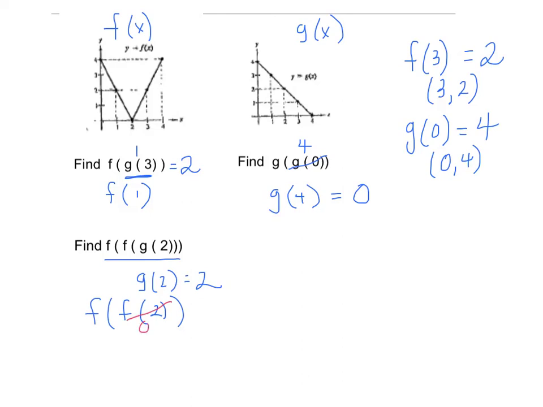So f of 2 is 0. So the last thing I'm going to do is f of 0. So I go back to my f graph, find where x is 0. F of 0 is 4. So f of g of 2 is 4. So if you'll just take it step by step and remember what the notation means, this won't be bad at all.